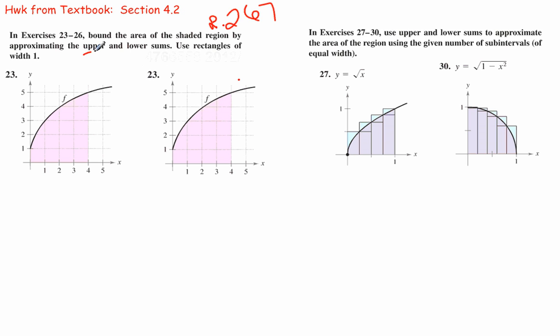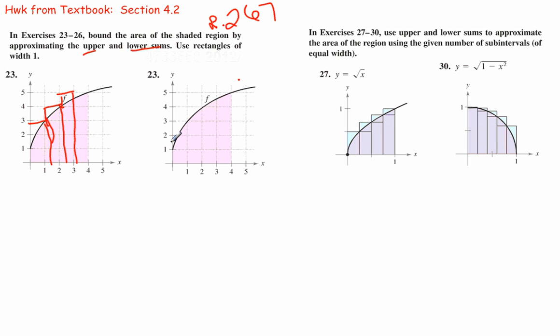You're going to be doing an upper and a lower sum. So for this increasing function on 23, an upper sum will follow a right-hand rectangular method, won't it? Oh, that was way off. Because I'm going to overestimate my area with an upper sum. So those are all going to be right hands.